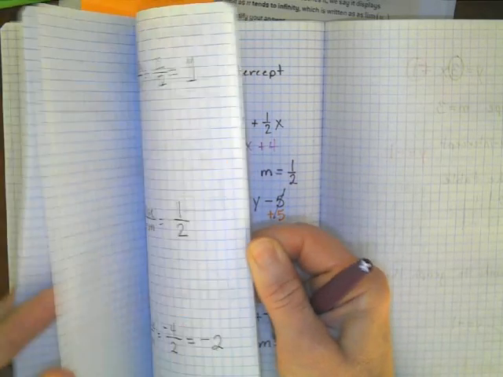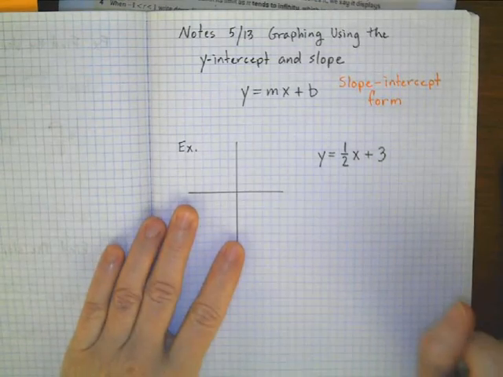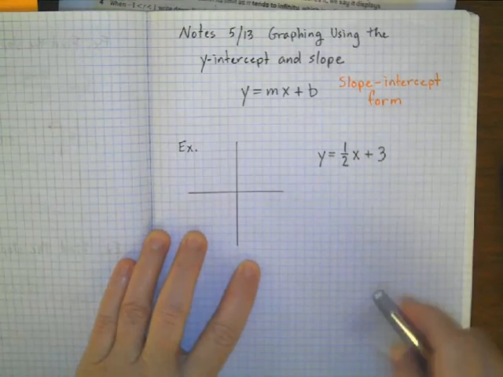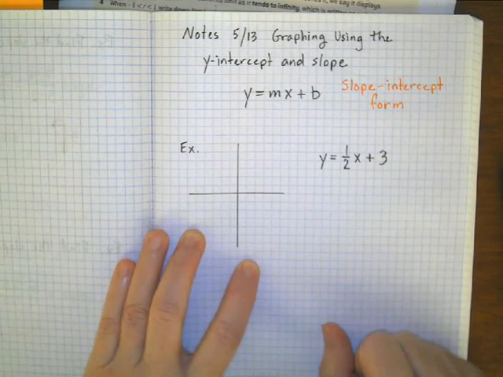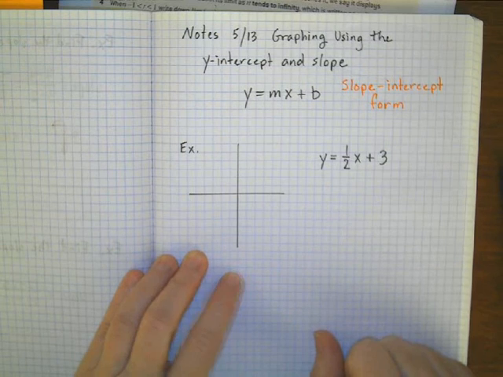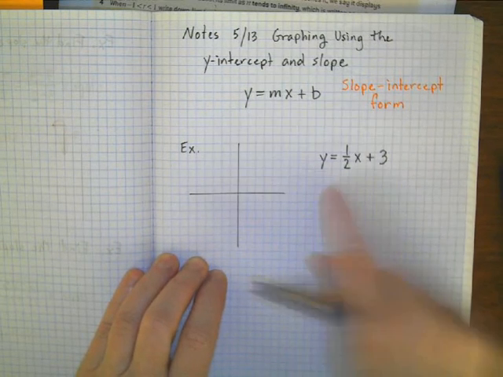Here we go. We are going to graph lines just by using the slope and the y-intercept. So we're not going to make a table. We can graph this equation without making a table.